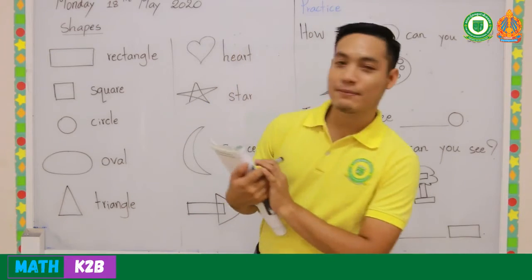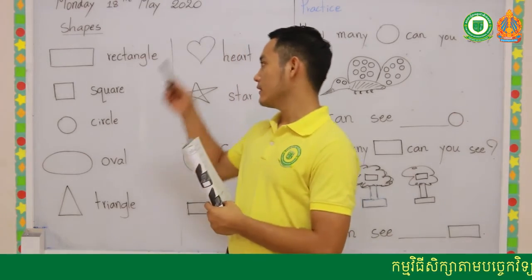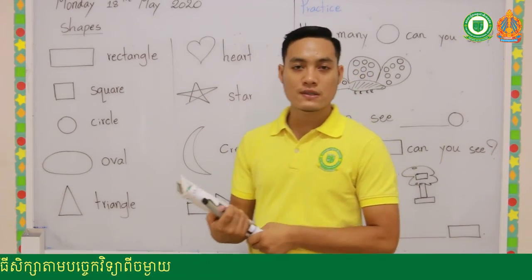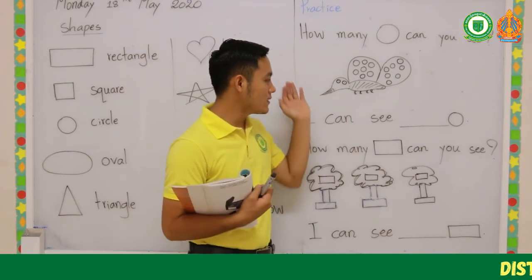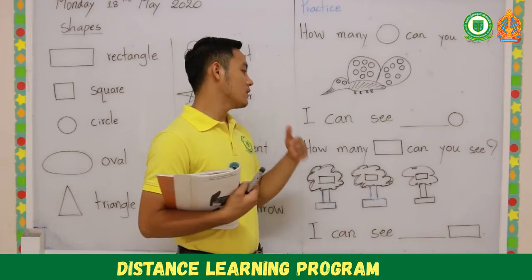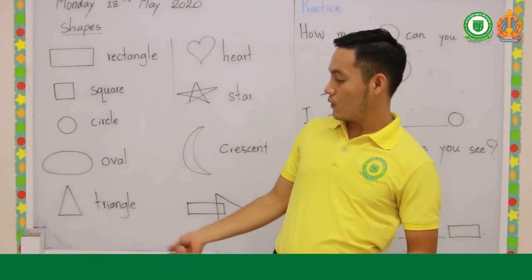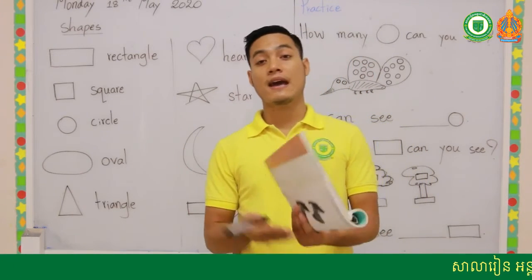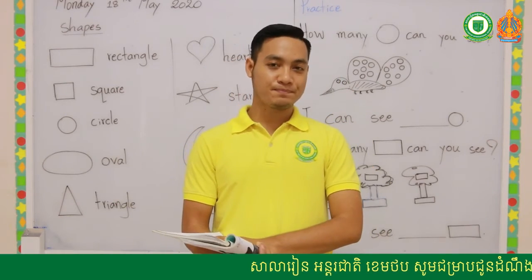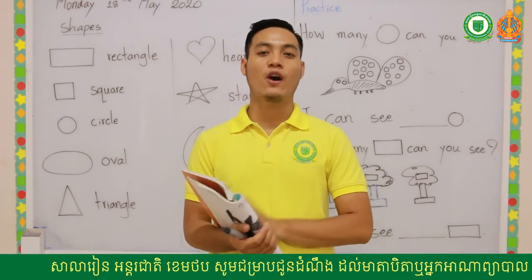After you have learned so far with teacher for 4 videos, from video 1 about some words about shapes, and video 2 also learning about how to count shapes, like counting circles, rectangles, hearts, triangles, and many other shapes. Now I'm going to summarize for you, and we're going to do our homework. I will give you the homework.